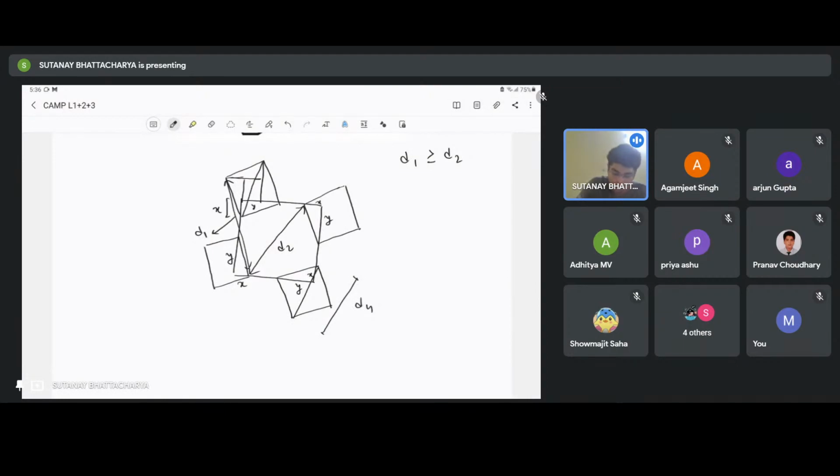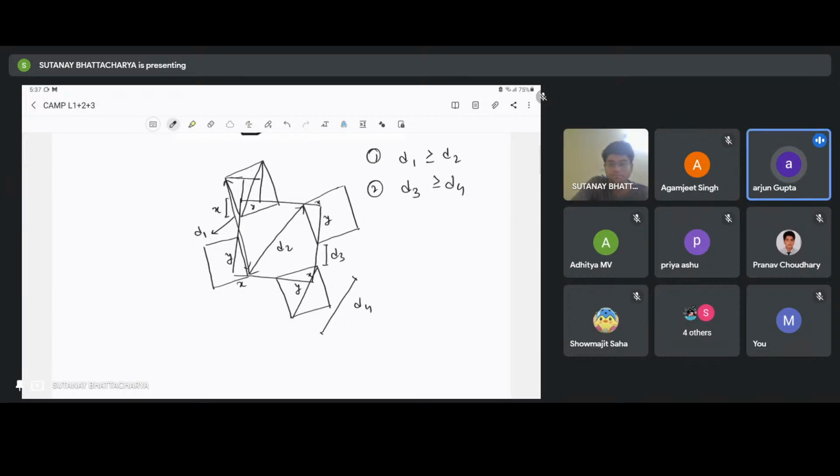We want that to be smaller than the minimum distance between two different squares colored with the sixth color, which is D3. We want these two conditions to hold. I think we want D3 less than or equal to D4. No, I want D3 bigger than or equal to D4.